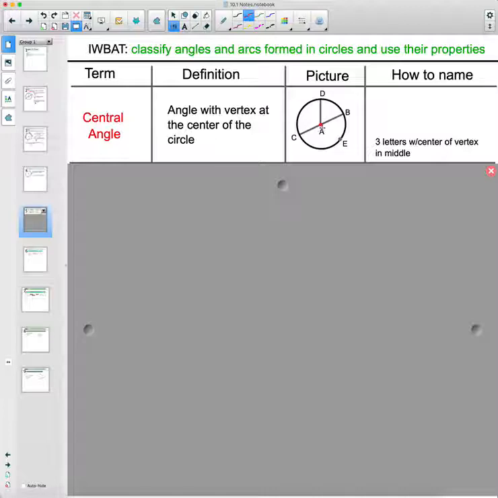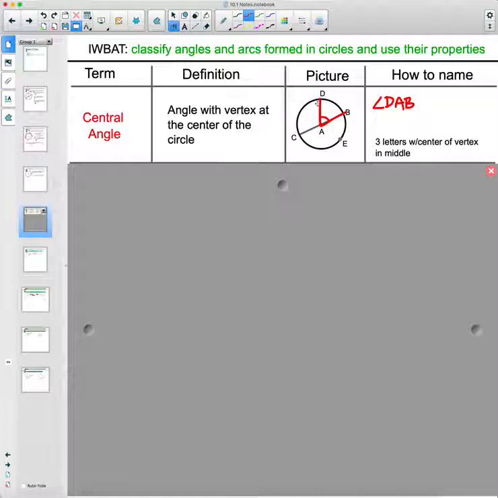So A is going to be the center of the central angles. So you'll see a couple different central angles here, okay? So you could look at this one as a central angle. So this would be angle DAB, okay? So the vertex is that center, and then two other points on either side.